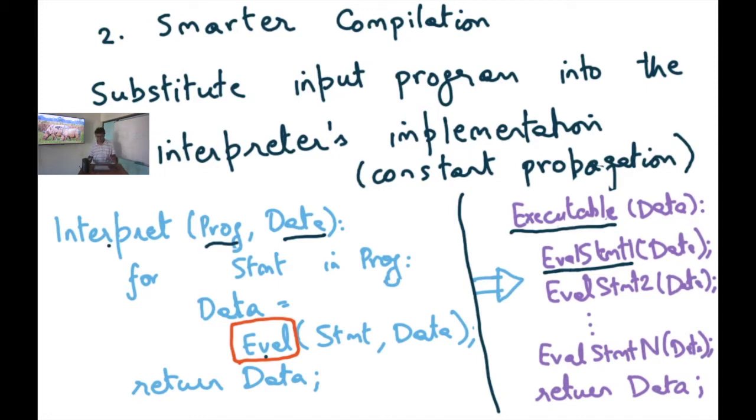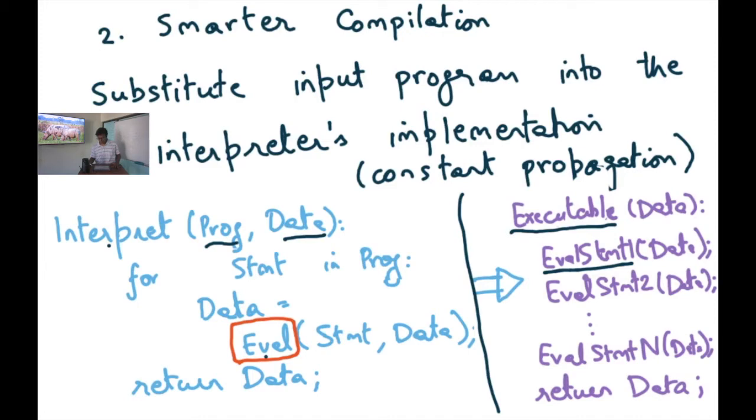So for example, when I partially evaluated eval on statement 1, I got the function eval statement 1, and then I partially evaluated eval on statement 2, and so on till statement n, and then I return data. Now there are two things that are happening here.